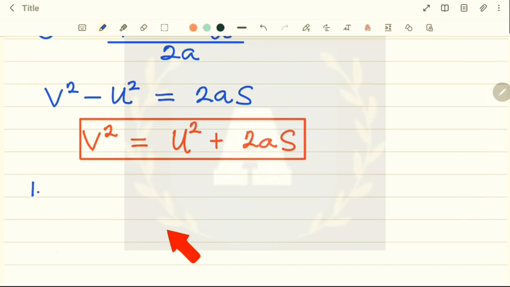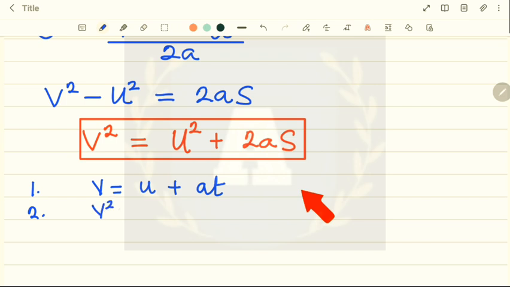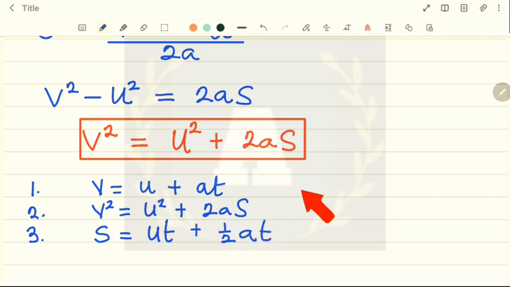So the first one to rewrite is V equals U plus AT. The second one is V squared equals U squared plus 2AS. And then the third one is S equals UT plus half AT squared.